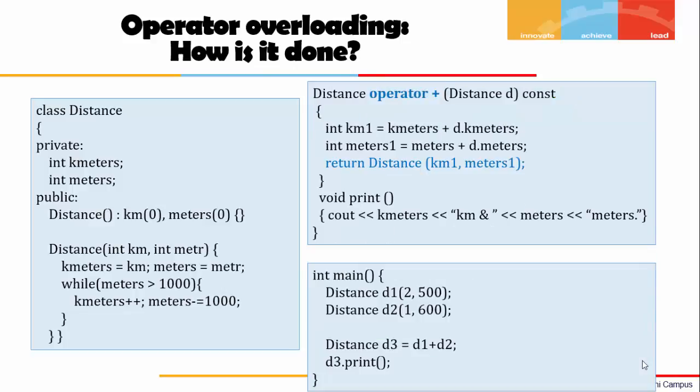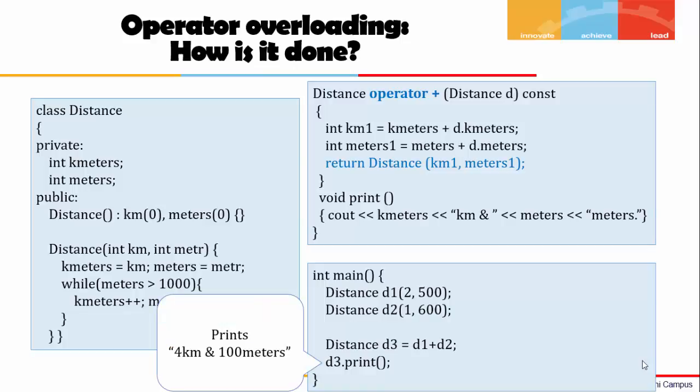If you see the main, distance d1, distance d2, two values are defined for kilometers and meters, then they are summed up. The statement distance d3 is equal to d1 plus d2 in main assigns the value of the nameless distance object to d3. Then when we write d3 dot print, we get the output from the program, which will be like this.